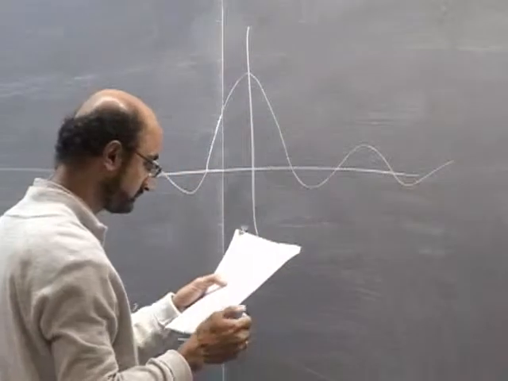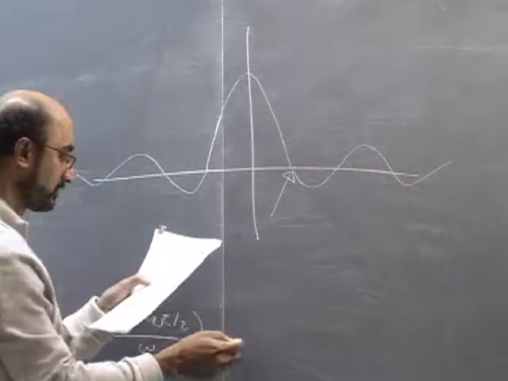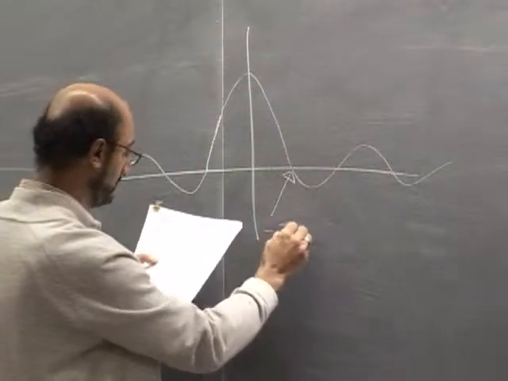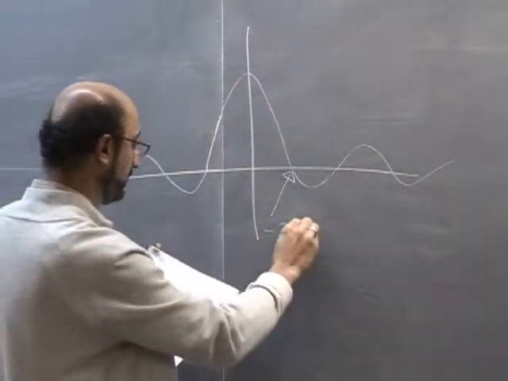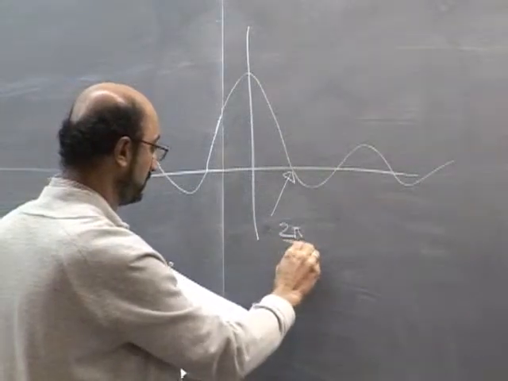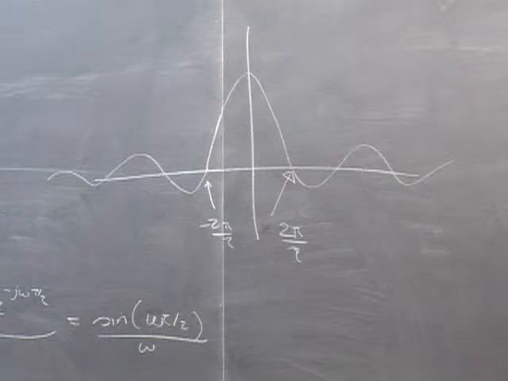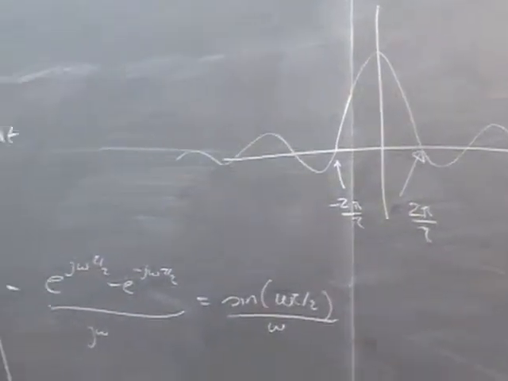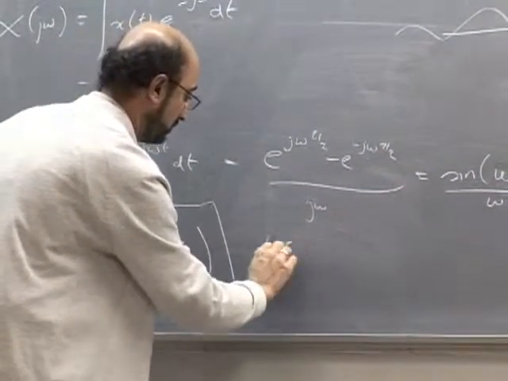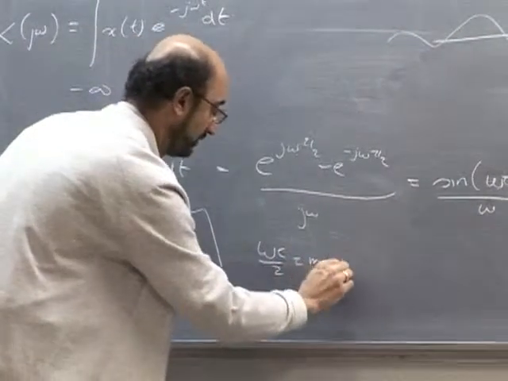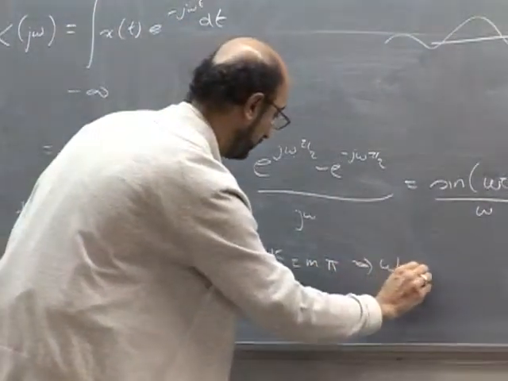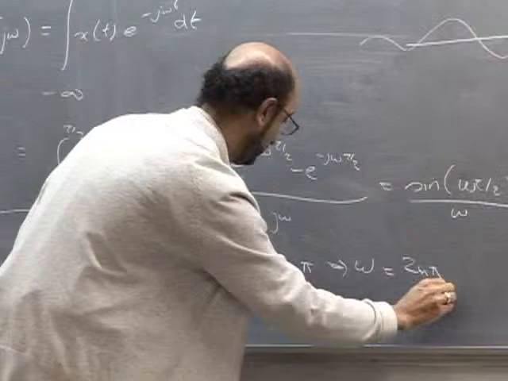Something like that. And these zero crossings are going to be at minus 2π by tau and 2π by tau. Why? Because we want ω tau by 2 equals mπ, which implies ω equals 2mπ by tau.